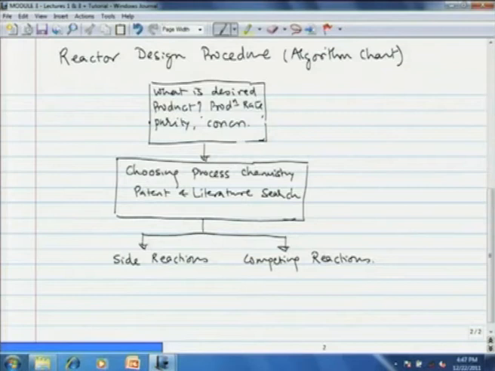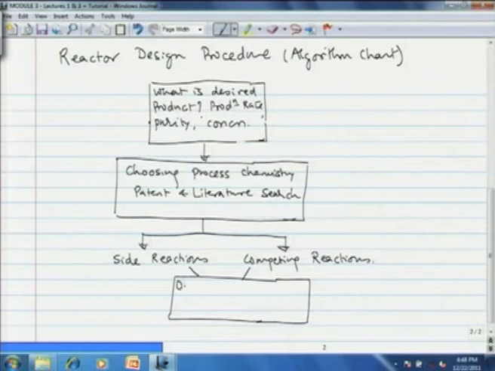Now, having scanned this, then we have to choose the optimum pressure and temperature of operation.